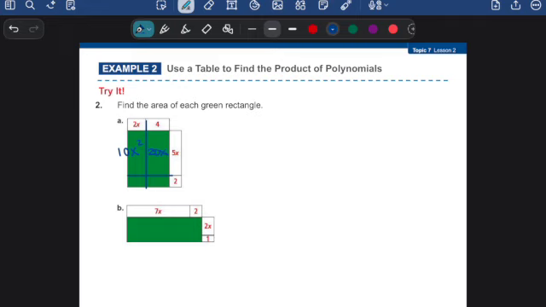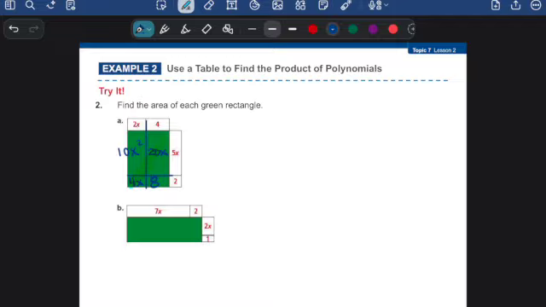Now I'm going to do 2x times 2 is going to be 4x. And that makes sense because I'm remembering my diagonal boxes should be like terms. And 2x times 2 is going to be, 4 times 2, is going to be 8.